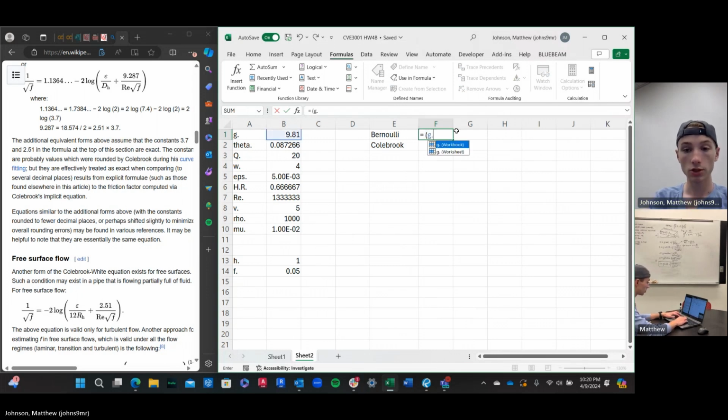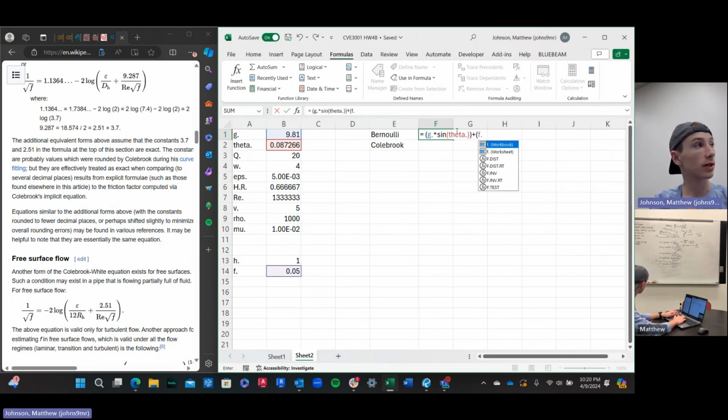We have g times the sine of theta, plus the friction factor times, oh, this is a big one here.